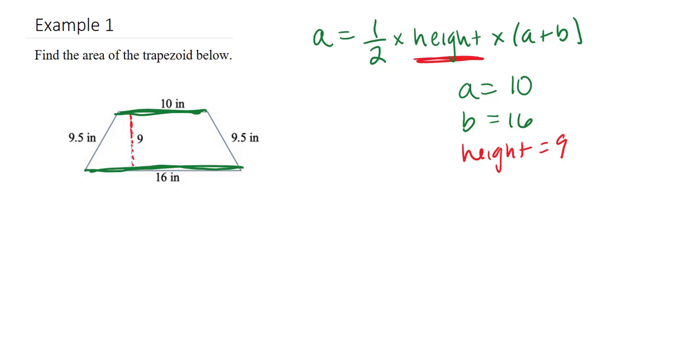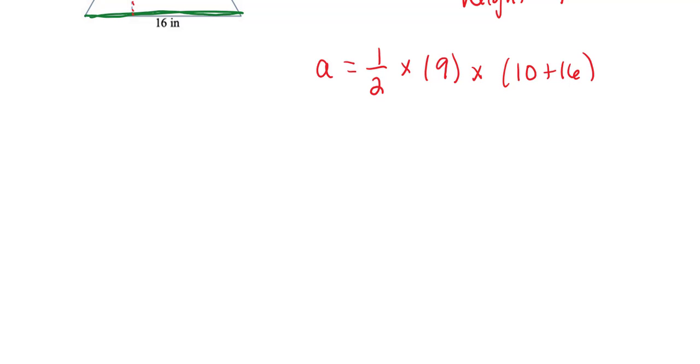So now let's go ahead and plug this all in. So we have area, which is equal to 1/2 times the height. So that would be 9 times, and then we're going to add A and B together. So 10 plus 16, which is 26.